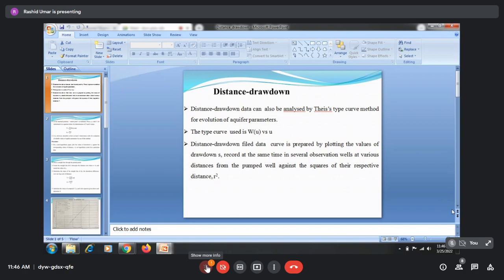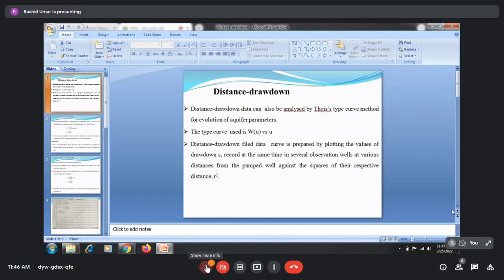So we will be making use of distances between observation wells and the final drawdown which has happened because of pumping for a stipulated period. It can be 24 hours, or 48 hours, or whatever it is, we consider the final drawdown. So the graph which we will be preparing will be distance versus drawdown.